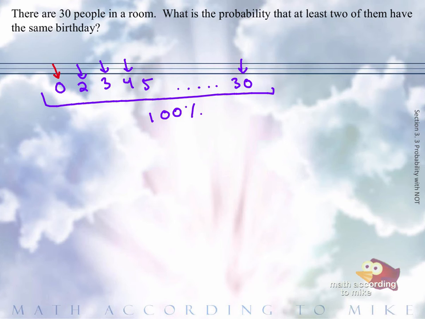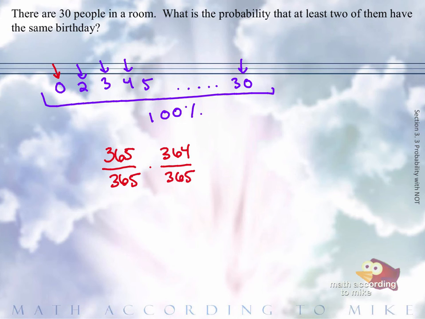Well, to do that, what we'll say is that the first person in the room could pick from any 365 days in the year out of 365. But then the next person can't pick the same day as the previous person, so they can only pick from 364 days out of 365.